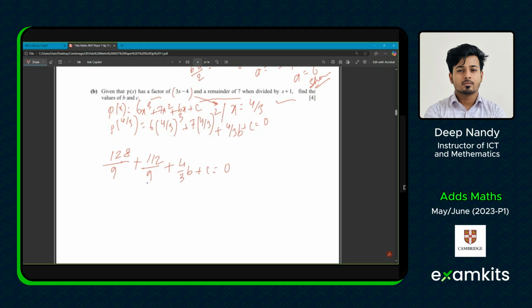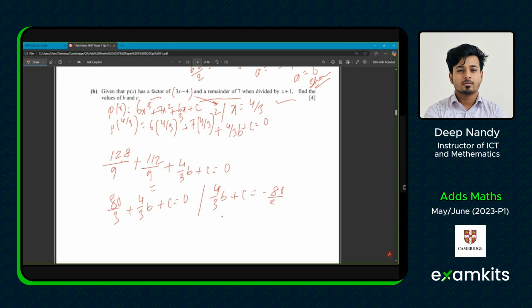Now, if we add 128 by 9 plus 112 by 9, it gives a result of 80 by 3. 80 by 3 plus 4 by 3b plus c equals 0. We can write 4 by 3b plus c equals minus 80 by 3.